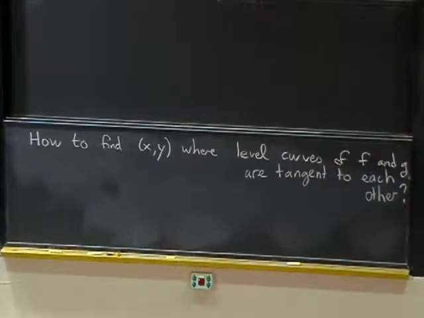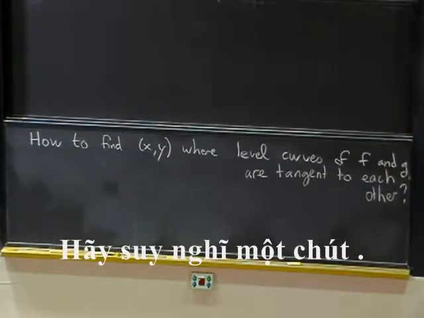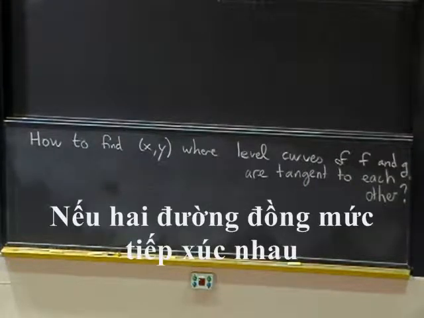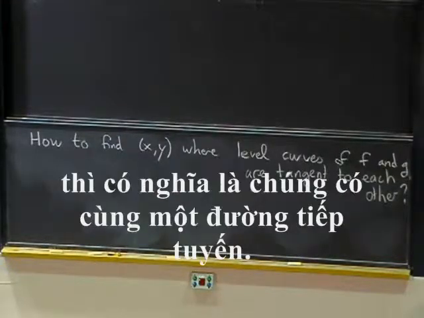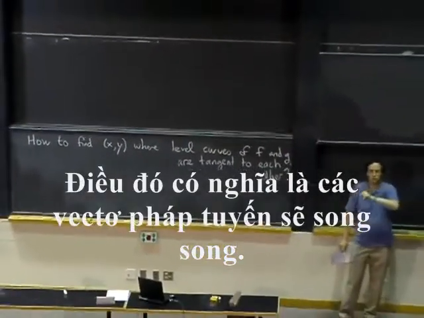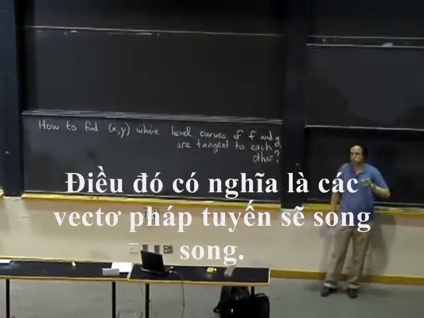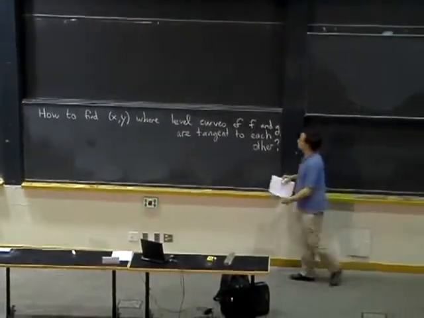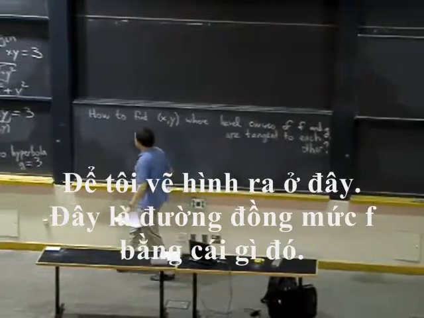Well, let's think for a second. If the two level curves are tangent to each other, that means that they have the same tangent line, right? If they have the same tangent line, that means that the normal vectors should be parallel. Okay? Let me maybe draw a picture here.